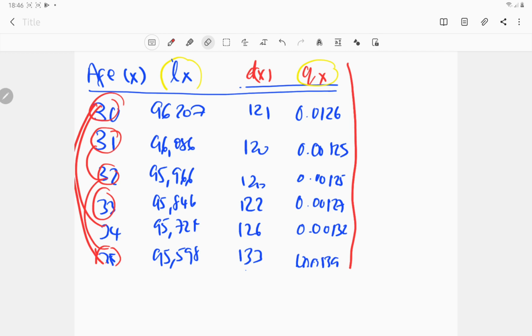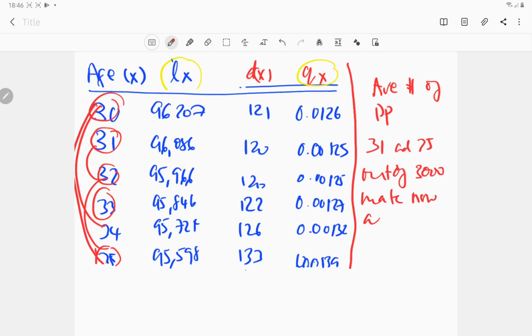On the other part, we can calculate the average number of people expected to die between age 31 and age 35, out of 3,000 males now aged 30.